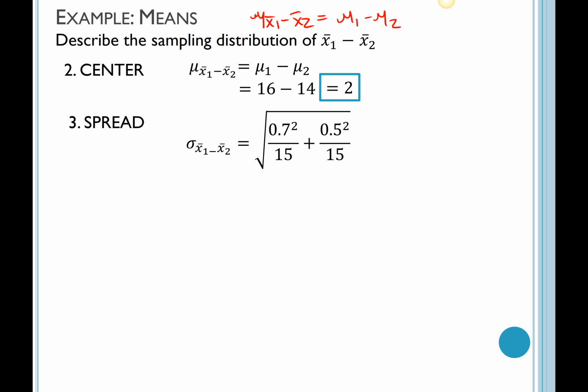So take a minute, grab that calculator, type it in, and see what you get. It should be 0.22, so you have a standard deviation of 0.22.